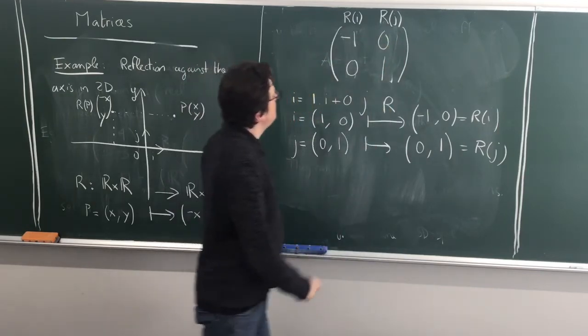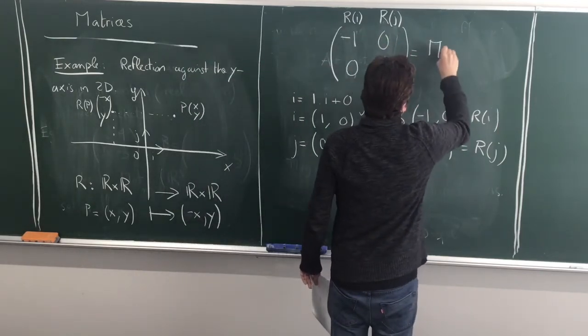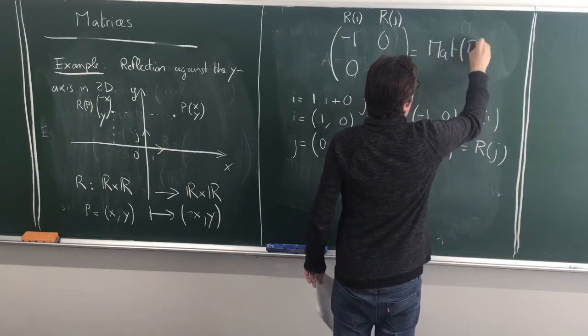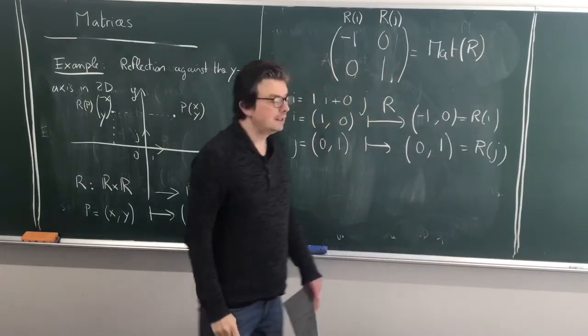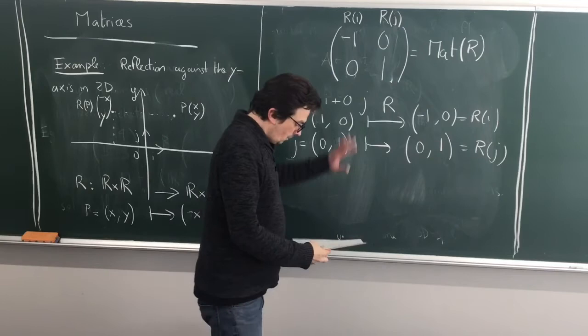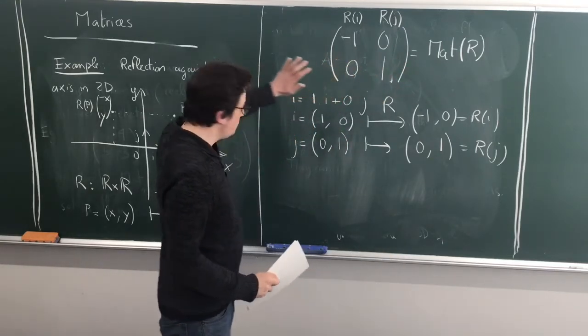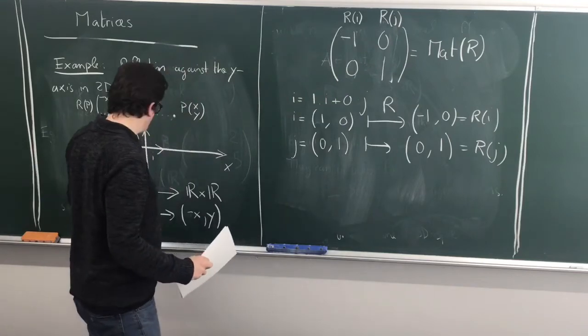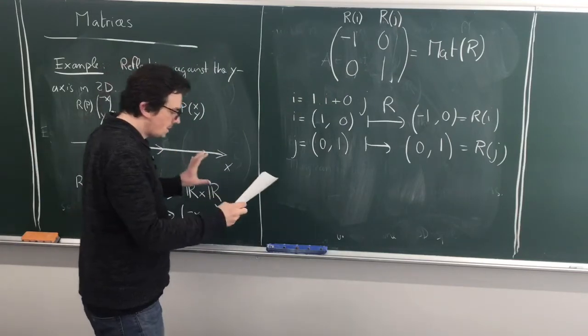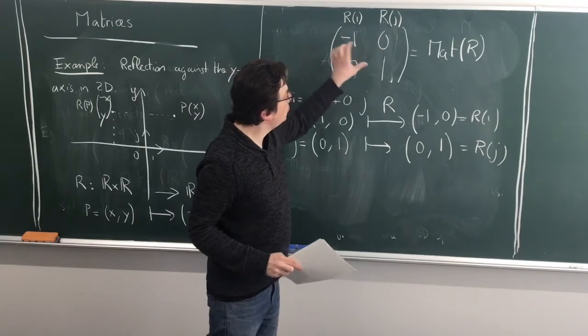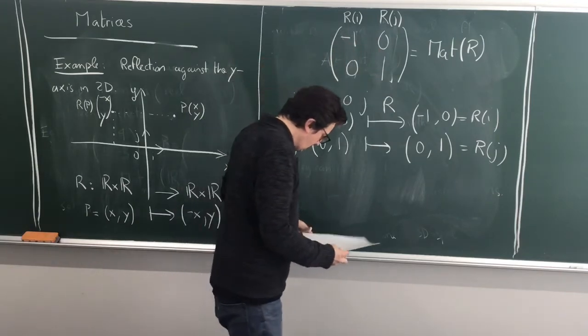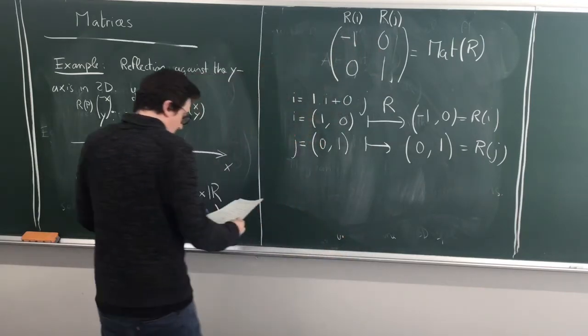Okay, this we call the matrix associated to R, and we denote it like this. So this matrix, we will see this a little later, represents the whole data of this function. You can understand the whole function by just these 4 numbers. Okay, we will come to that point a little later.